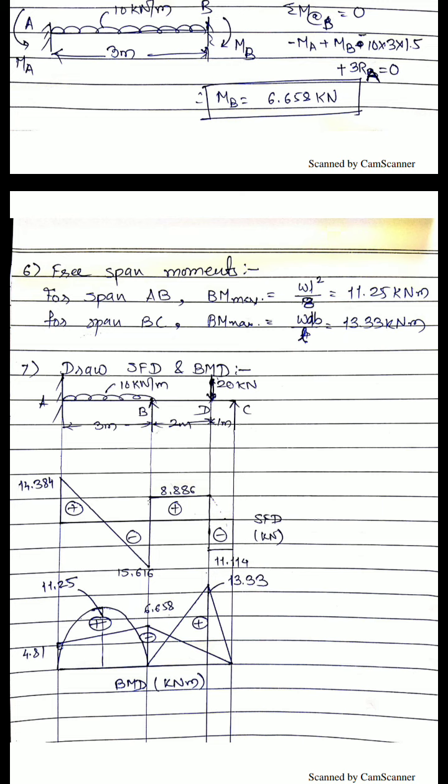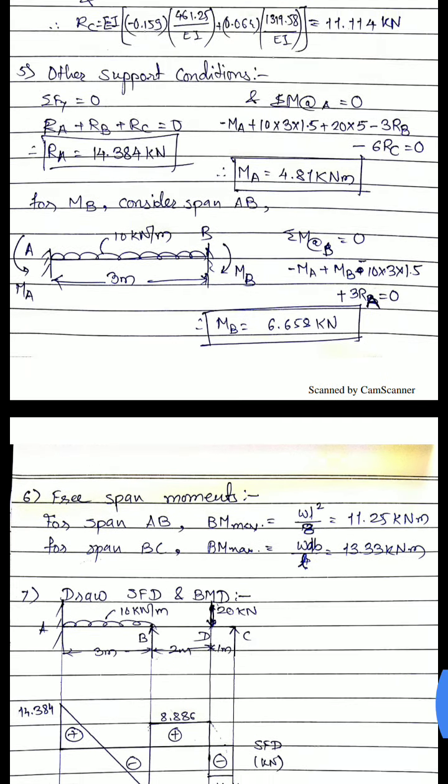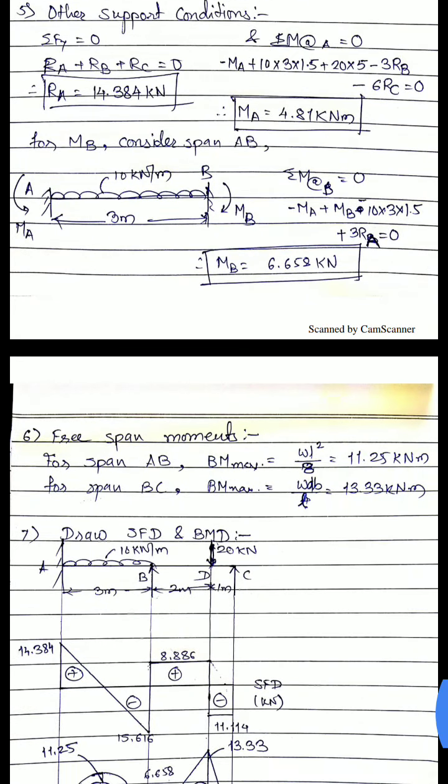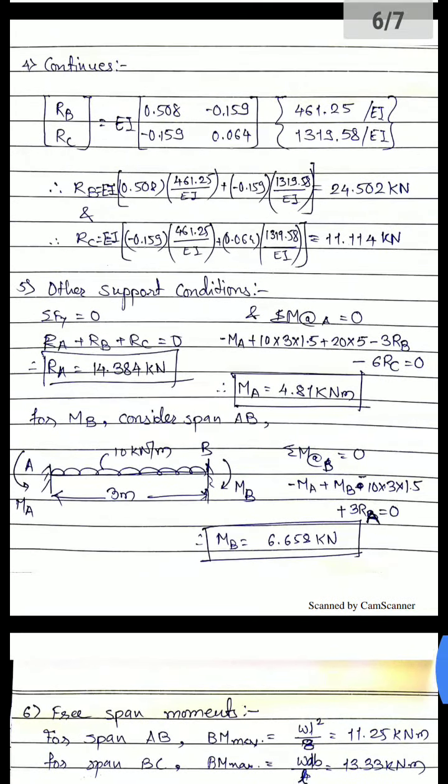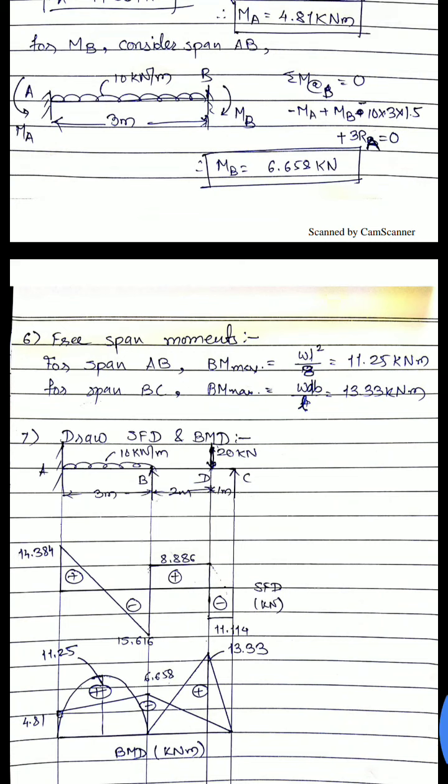Okay, and if you go to a section just right of your B point, then you have to add the RB value. RB will be 24.502. If you add this one, this will come out to be 8.886, which will be a positive value.